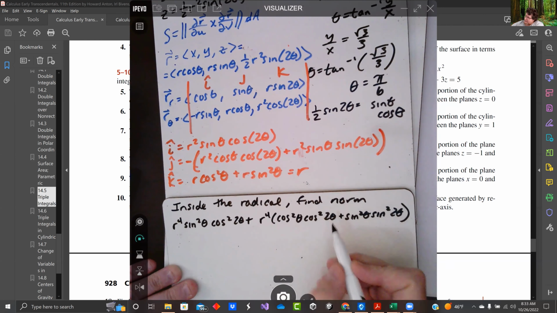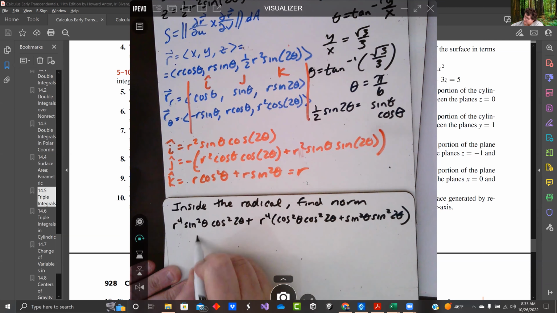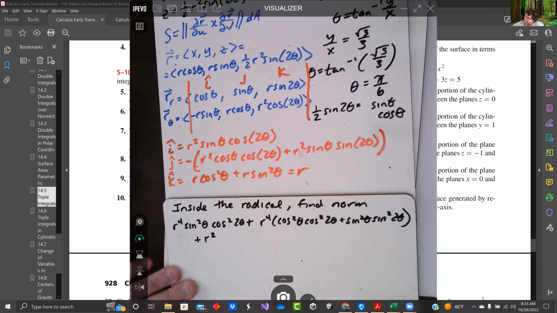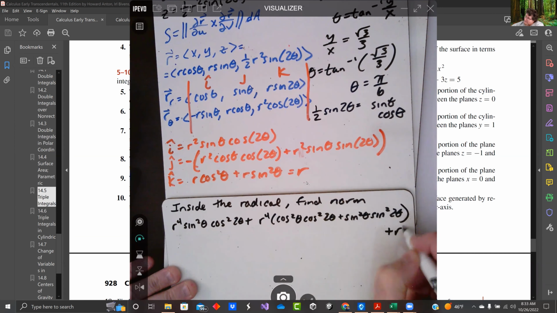And then plus R squared from K. Yeah, I'll put this over here at the end.